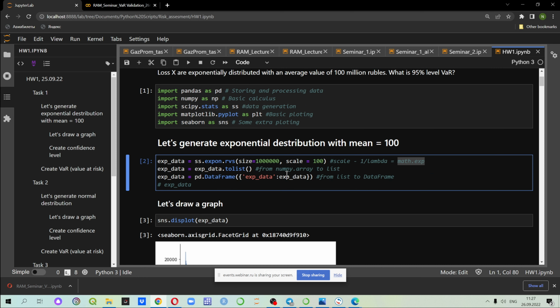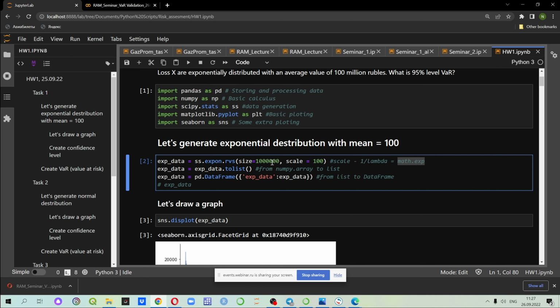I had to make a pretty large sample, to use the law of large numbers or something like that, to discard the randomness of the process.